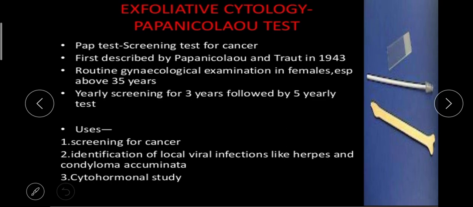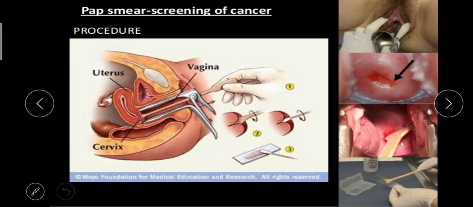In short form we call it the Pap test. Its uses are screening for cancer and identification of local viral infections like herpes and condyloma acuminata, or cytohormonal study. So these are the things we can identify through the Pap test. You can see the articles needed to collect the swab from the cervix.